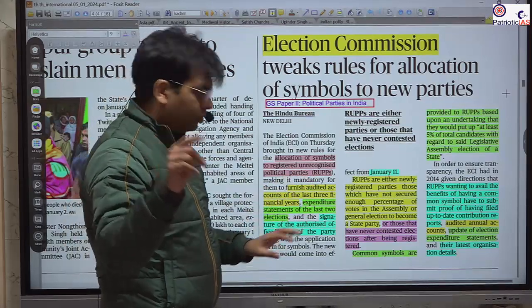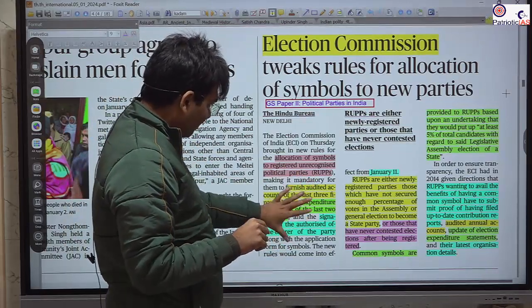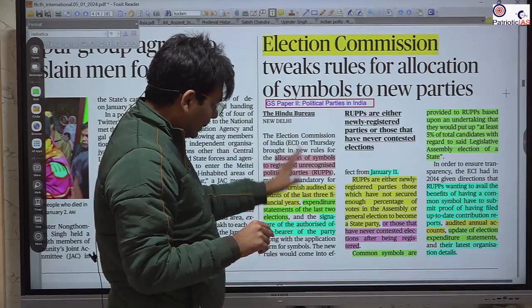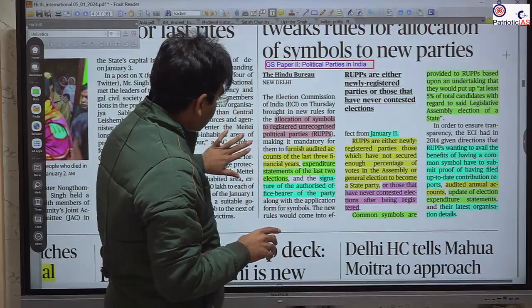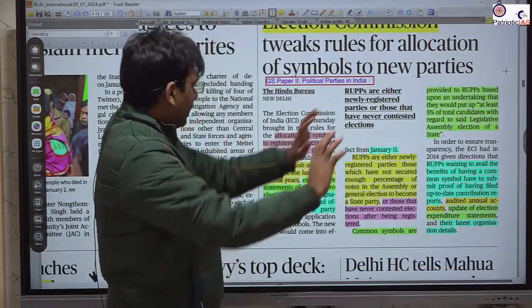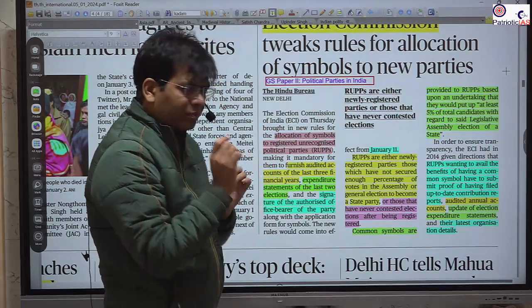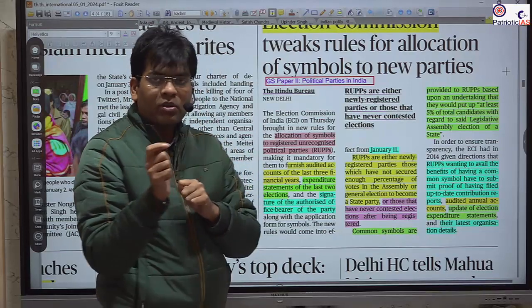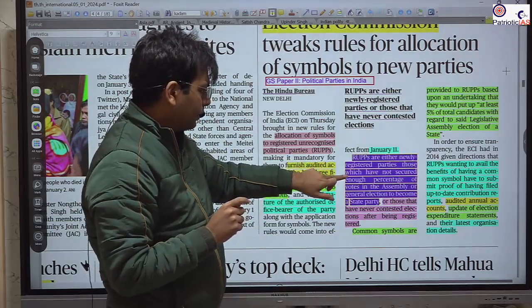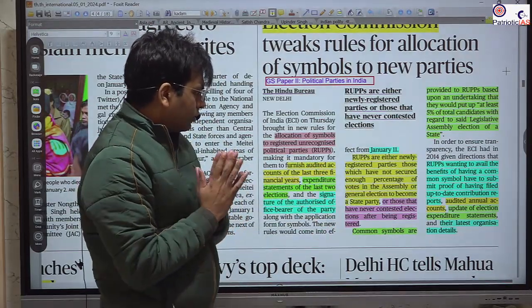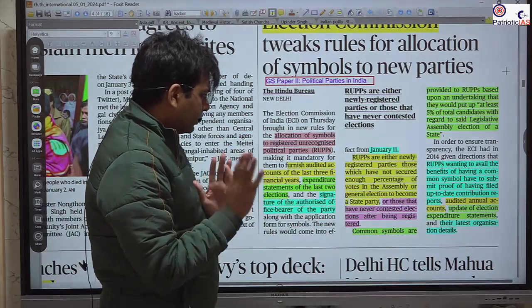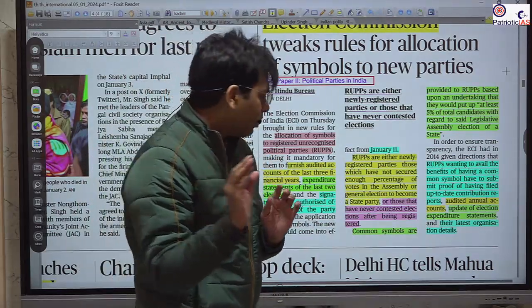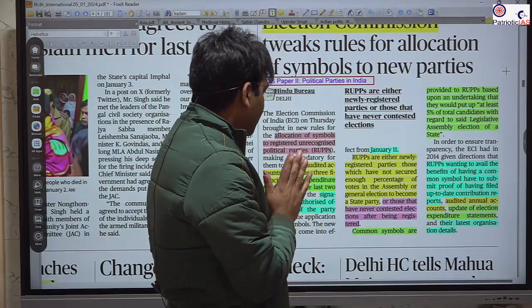UPSC can give these three statements and ask how many of the three are needed for allocation of symbols. Who are the registered unrecognized political parties? Here it has been defined. The first is a political party that has registered but not secured enough percentage of votes in a general election to become a state party.